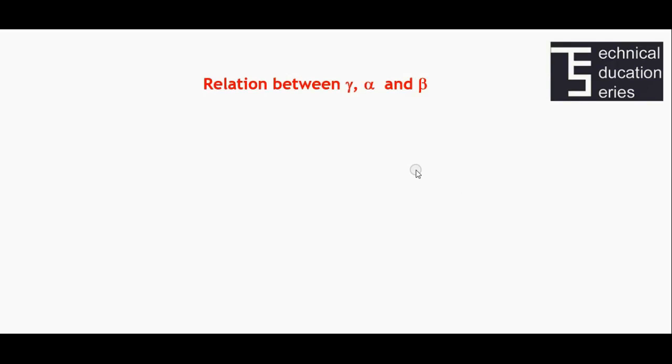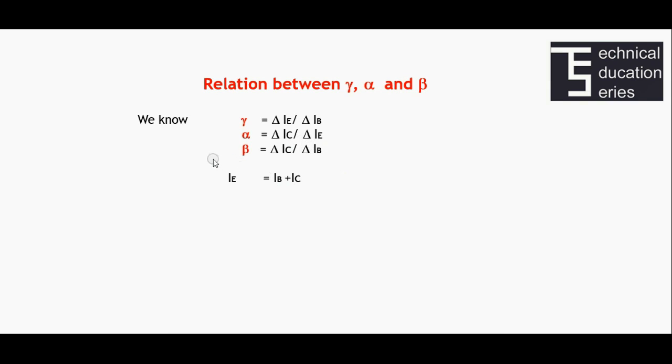Relation between gamma, alpha and beta. We know gamma is the current gain in common collector configuration, that is equal to delta IE by delta IB, and alpha is the current gain in common base configuration, that is equal to delta IC by delta IE, and beta is the current gain in common emitter configuration, that is equal to delta IC by delta IB.